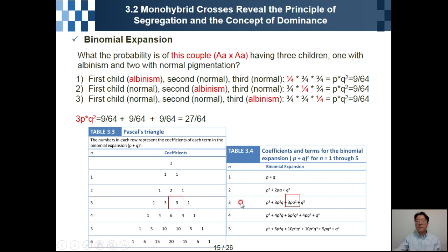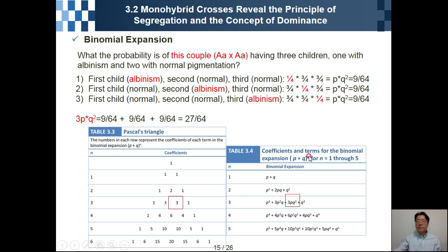If n is 1, it is p plus q. If n is 2, it is p squared plus 2pq plus q squared.